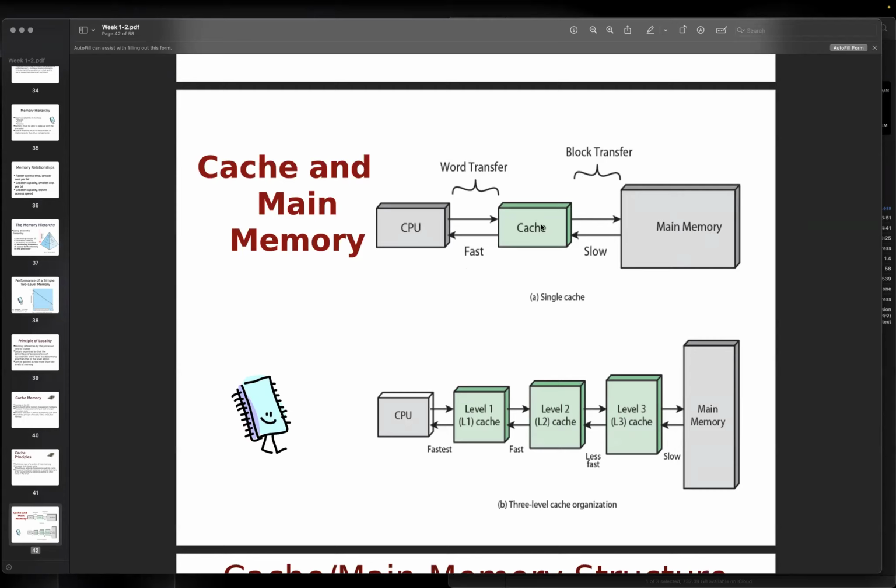If we have it, we send it to the CPU, word by word. If not found, we transfer a block of it into the cache, load it to the CPU, and save it into the cache. Later you will learn that we do have some mechanisms for this.